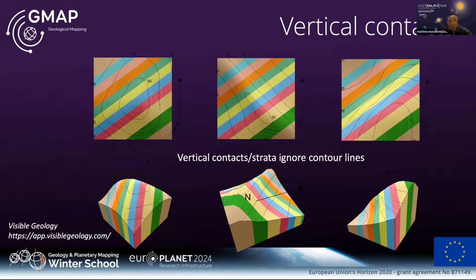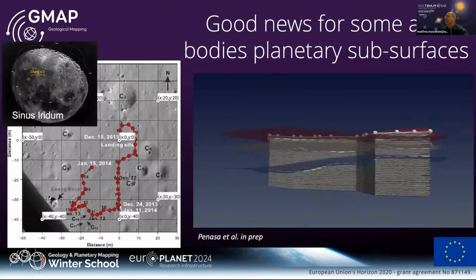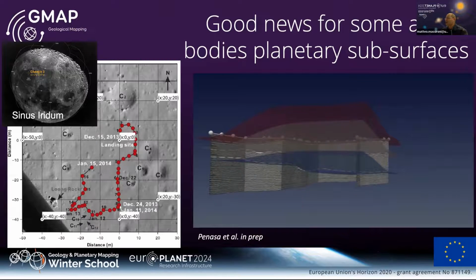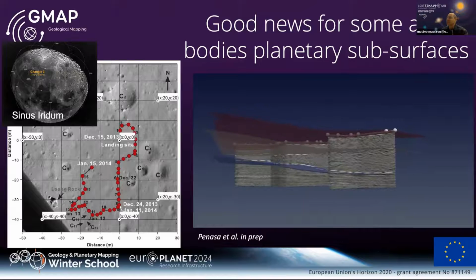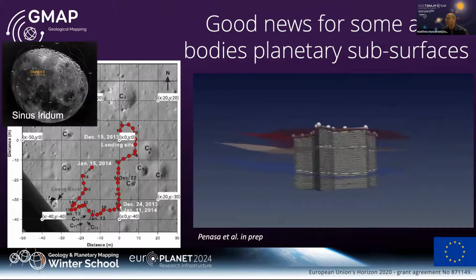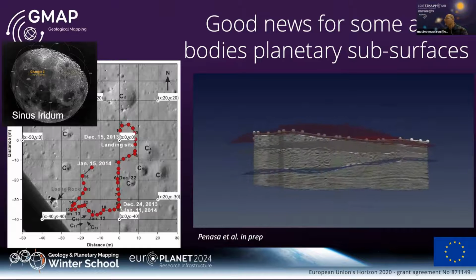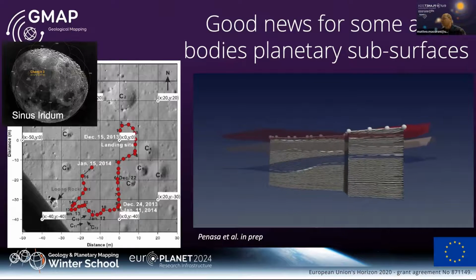So now, if we go into a planetary geological context, we have good news, in particular for some airless small bodies, in which the contacts are normally almost horizontal or slightly inclined.